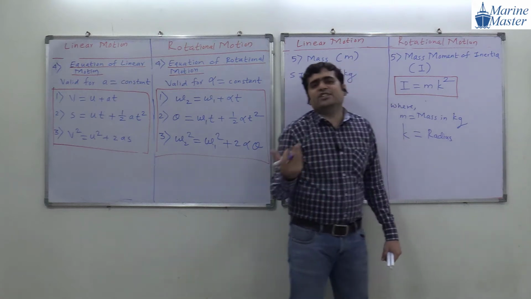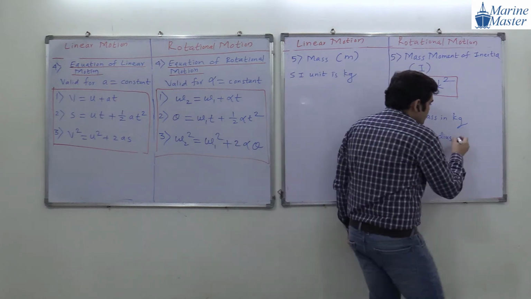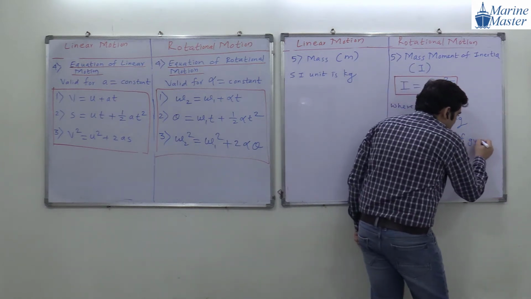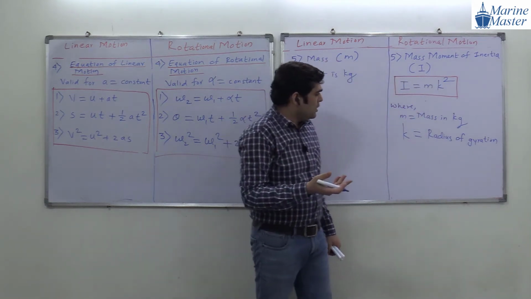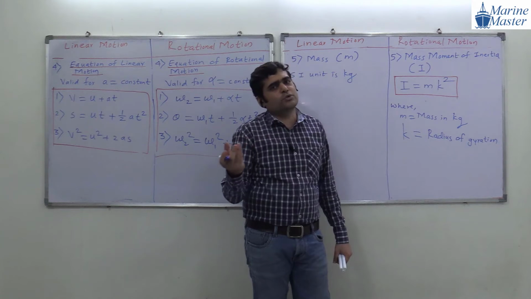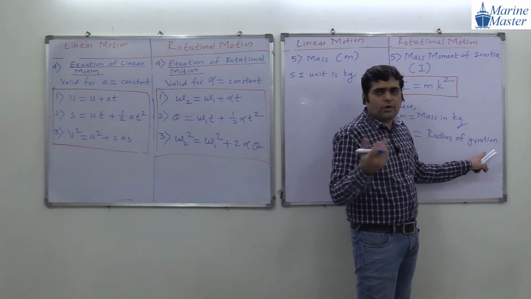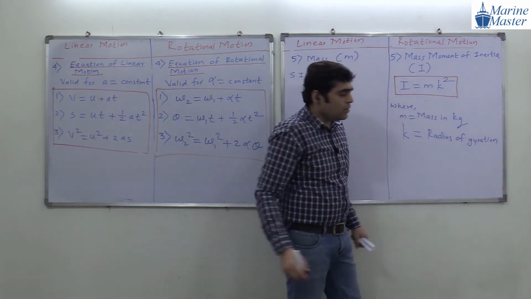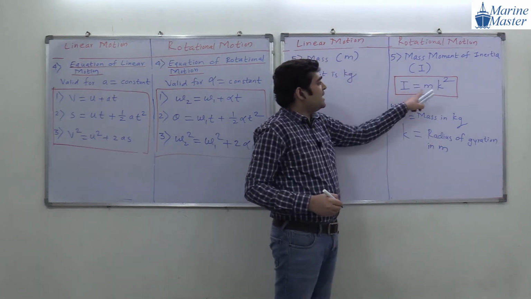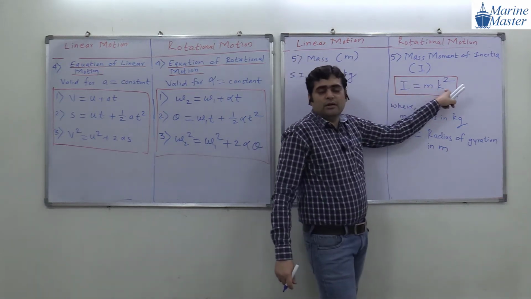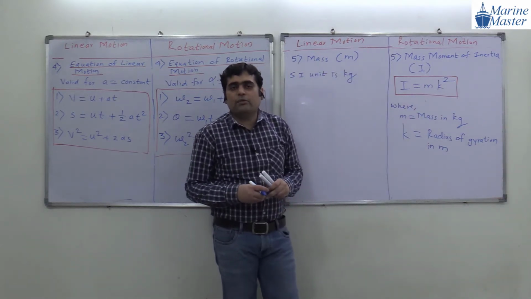Some people pronounce it differently, use whichever word you are comfortable with. It is in meters. So m is in kg, k is in meters. What will be the unit of I, guys?